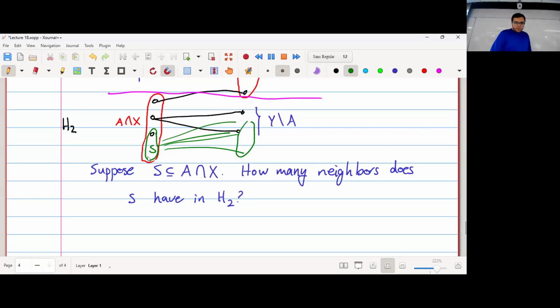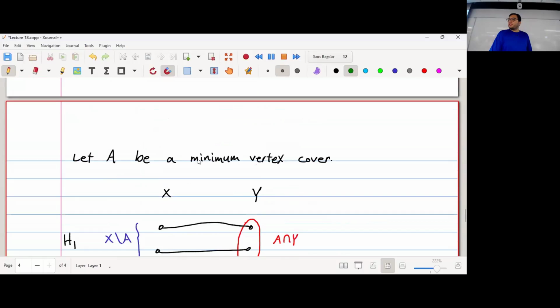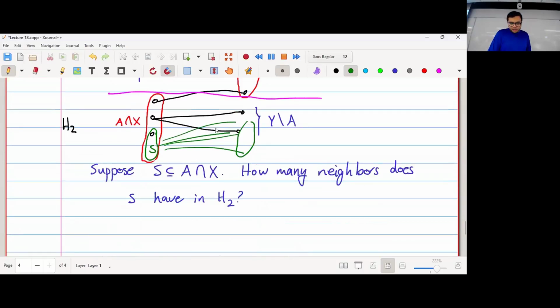Now, what is the role of S in my vertex cover? The role of S is to cover all of these edges that are going between S and its neighbors. Those are the only edges that are covered by this S. So if the set of neighbors is smaller than the set S itself, what can I do?